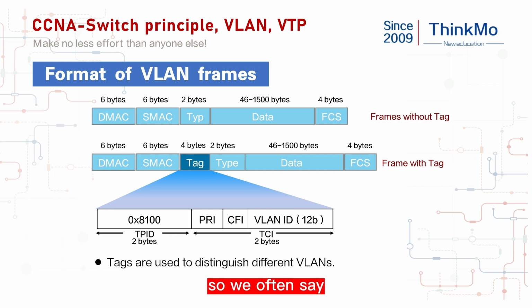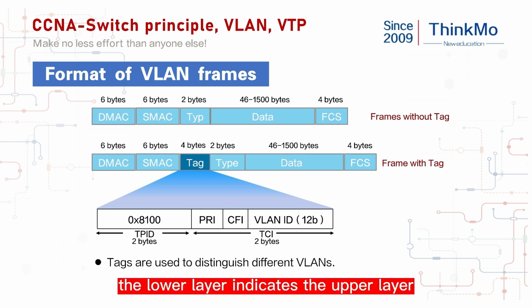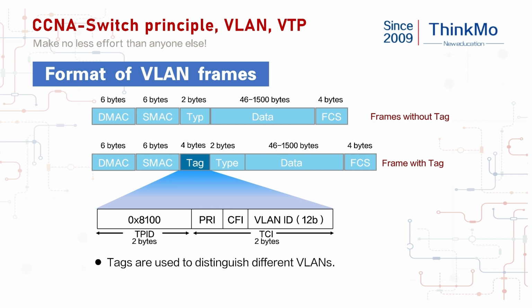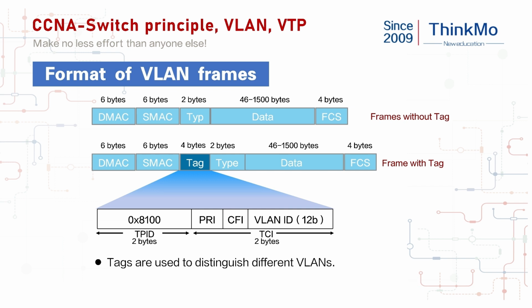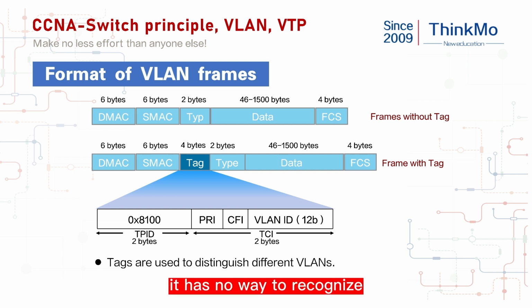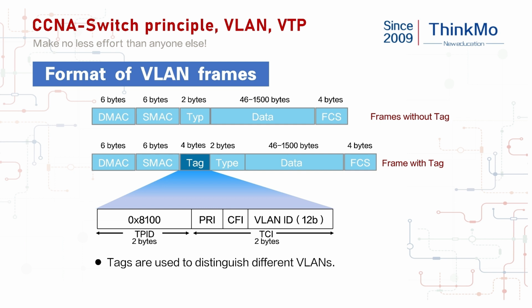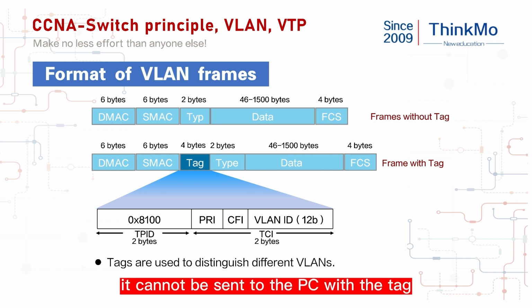So we often say the lower layer indicates the upper layer, serving the upper layer. So if this tag is sent to the PC, it has no way to recognize it. This packet can only be lost. Therefore, it cannot be sent to the PC with the tag.